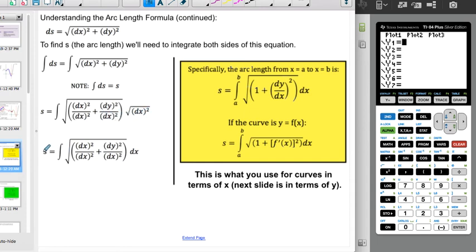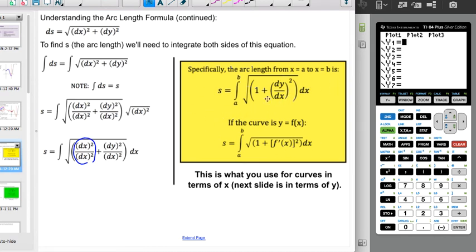So I'm going to get that s is the integral of the square root of dx squared over dx squared, which we'll deal with in a sec, plus dy squared over dx squared, and then with respect to x. Well, if I clean this up, this guy is a 1, which you can see here in this formula, and this guy is a dy dx quantity squared, which would mean the derivative quantity squared.